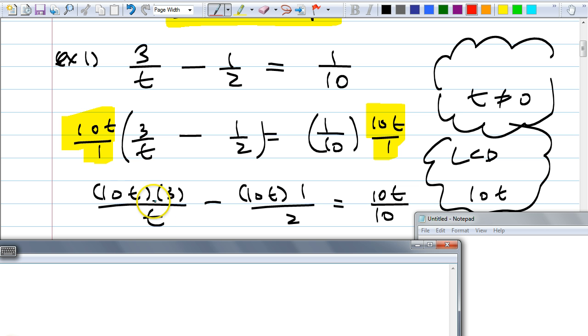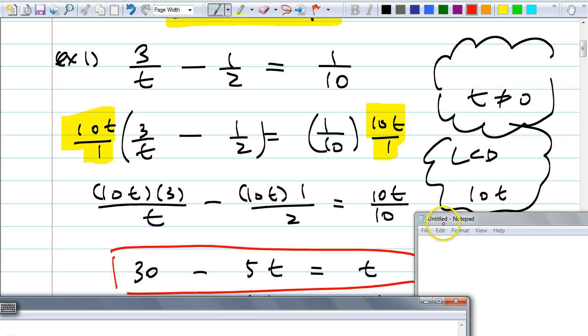Don't the t's cancel out? Oh, yeah, so you get 30 minus 5t equals t. That's exactly right. So this whole fractional equation just simply becomes 30 minus 5t equals t. Isn't that right, guys?